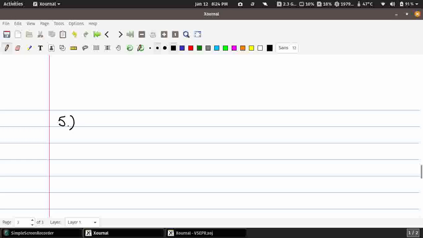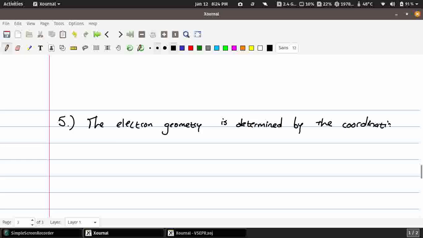So kind of piggybacking on the last thing, the electron geometry is determined by the coordination number and repulsion of electrons, or electron pairs.